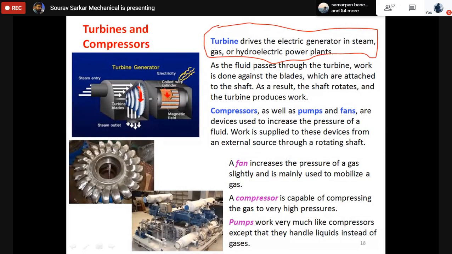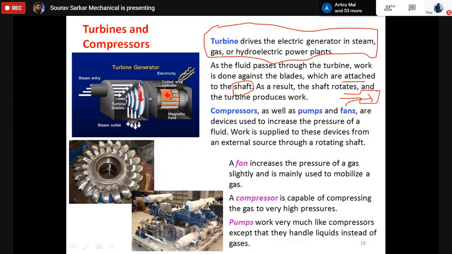Whenever some fluid is crossing the turbine, it is hitting the blades of the turbine, which is causing a rotation, and the rotation is finally coming out through a shaft, and that shaft is driving the generator, which is causing the electricity generation. So this is basically the purpose of a turbine.